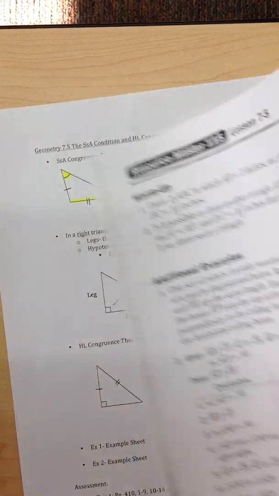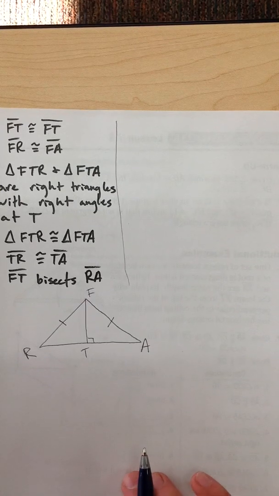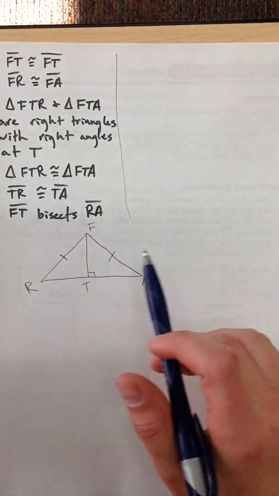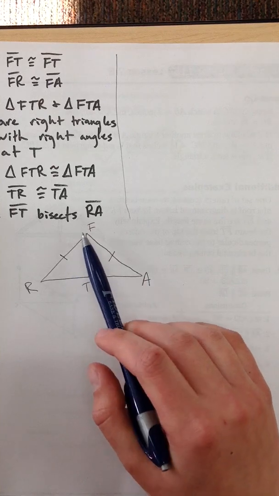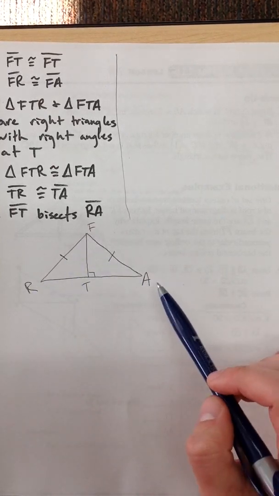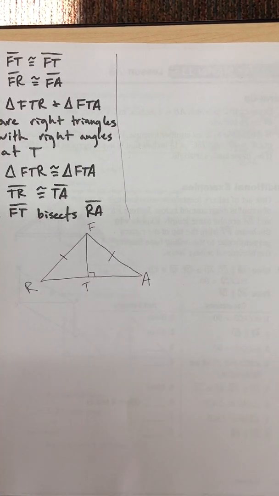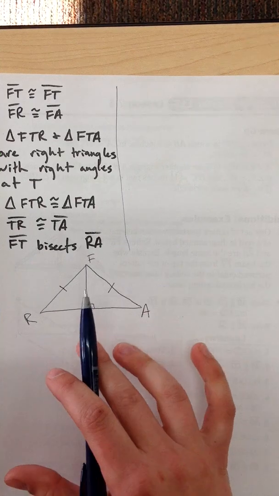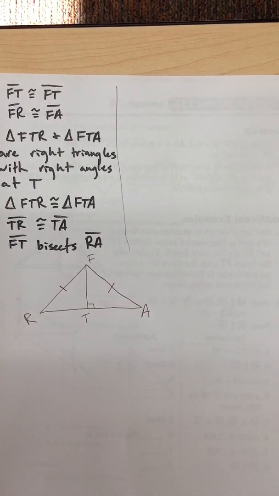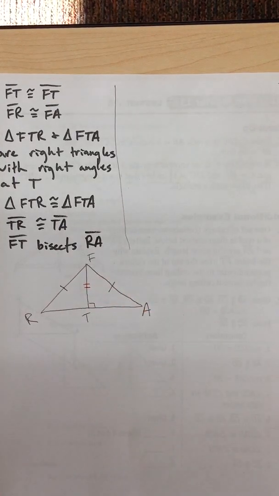Okay, so we can go back to the back side where I've got this set up. What they told us is that FR was congruent to FA, and also that this was a 90 in here. Walking through the different steps, the first one we've got is that FT is congruent to FT. So this segment here is congruent to the same exact thing.